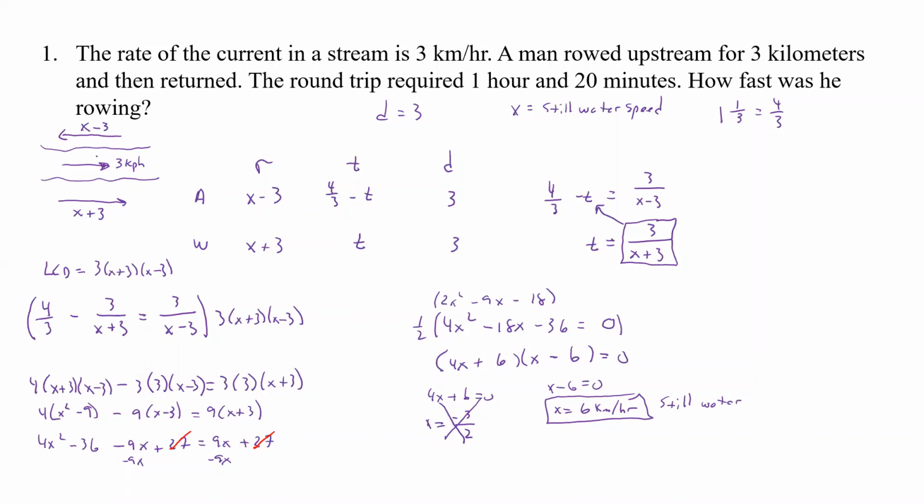Now, if they had asked how fast it was in each direction, that means this is going to be 6 minus 3, so that's going to be 3 kilometers per hour going that way, and this way is going to be going 9 kilometers per hour, because you're going to take 6 plus 3 and get that one. So we can see what the final values are for each of them, but all they wanted was the speed in Stillwater.